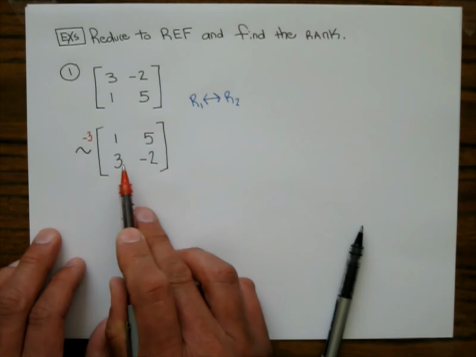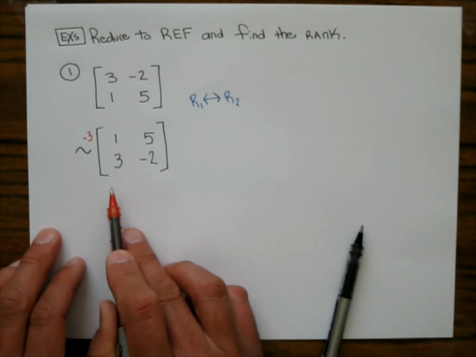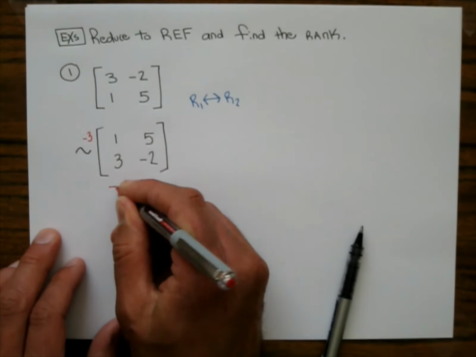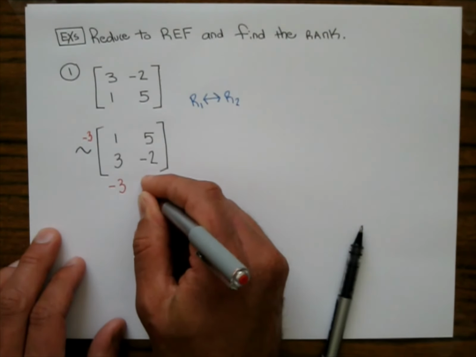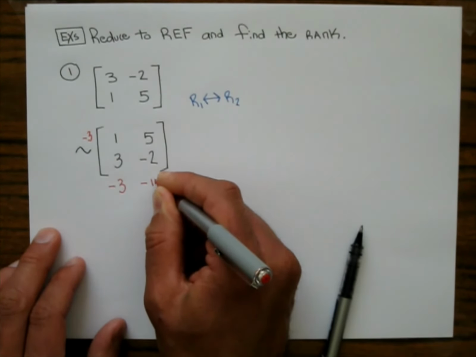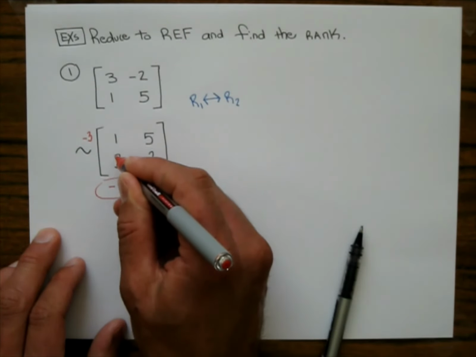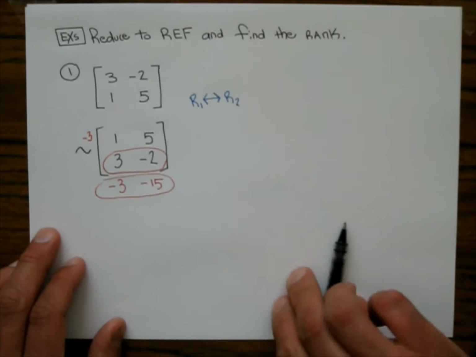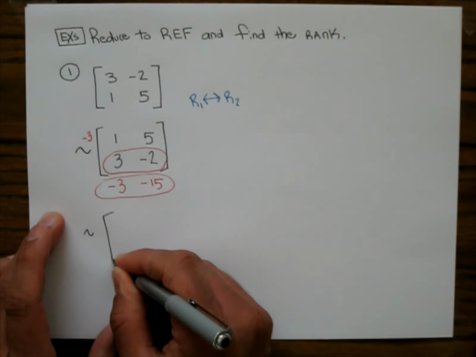I'm going to put a little temporary row 1 right below my matrix. Look at this: -3 times 1 is -3, -3 times 5 is -15. So this is temporary row 1, and here is row 2. I'm going to add those together, and that's going to become my new row 2.